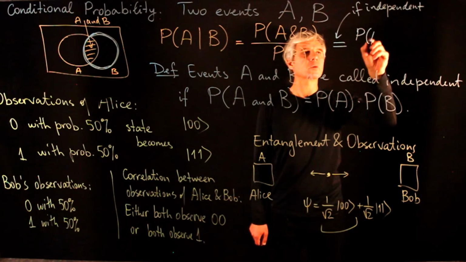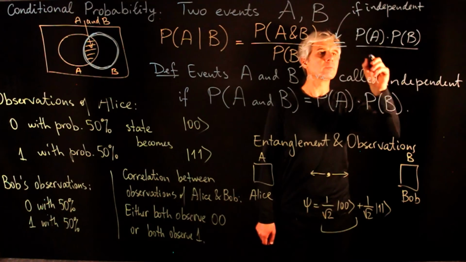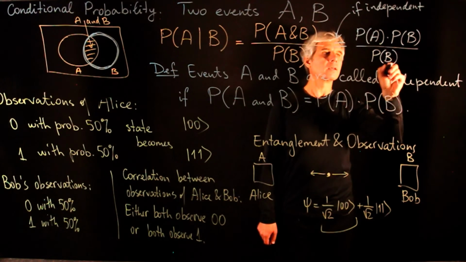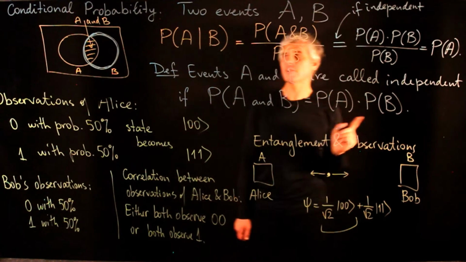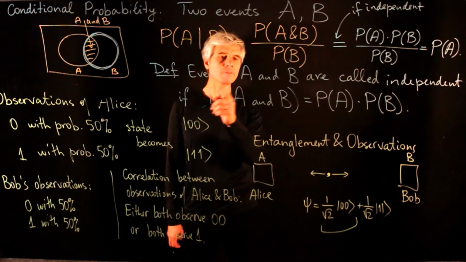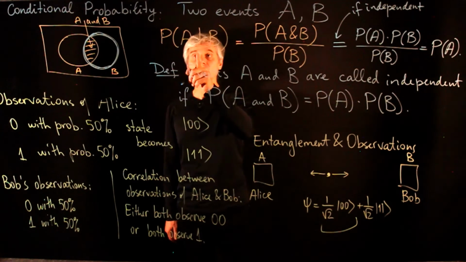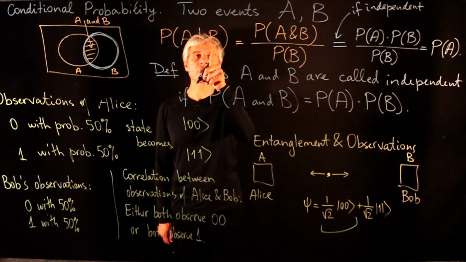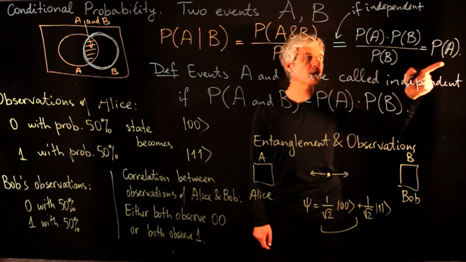So we get P of A times P of B divided by P of B, and what we get is P of A. And we get the following conclusion, that if events A and B are independent, then the conditional probability of A happening under the condition that B happens is equal to the unconditional probability that A happens.